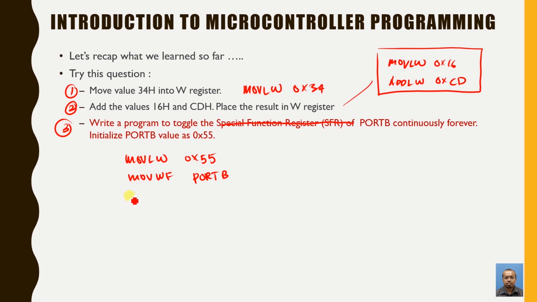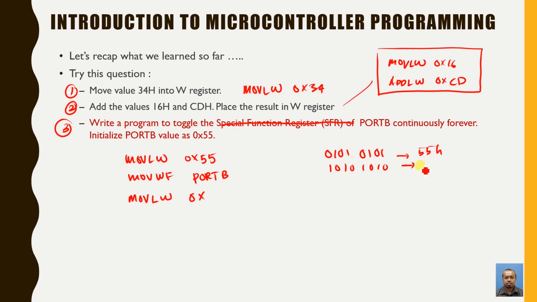So we just toggle it straight away. So MOVLW 0x what is the right number for it? Okay, 55H is 0101 0101. So if you toggle it, 0 becomes 1, 1010 1010.